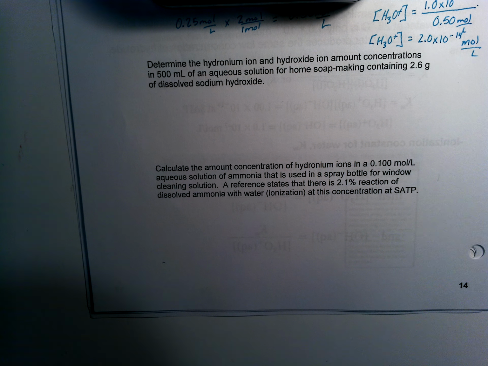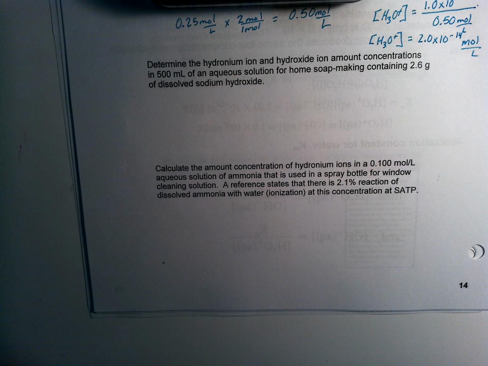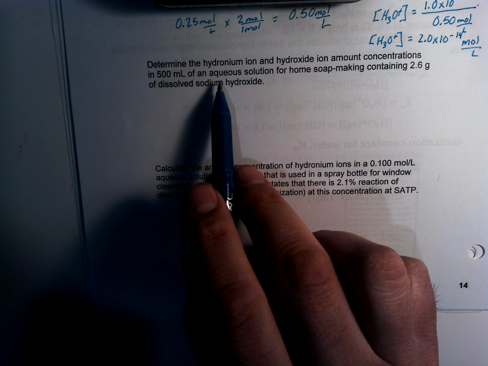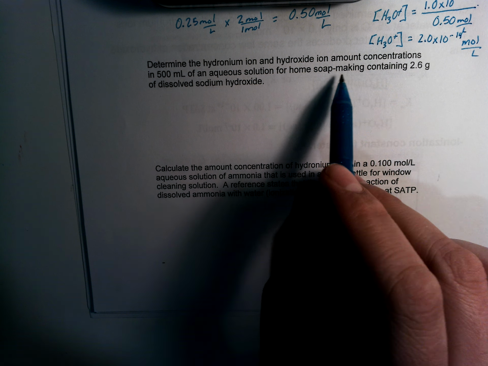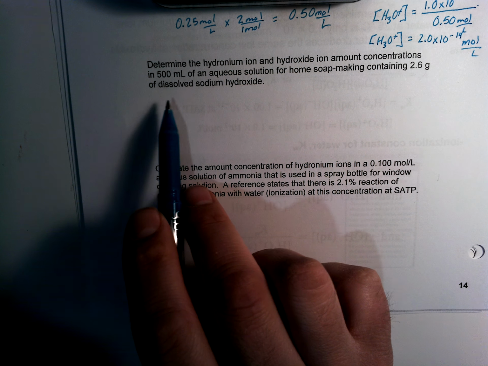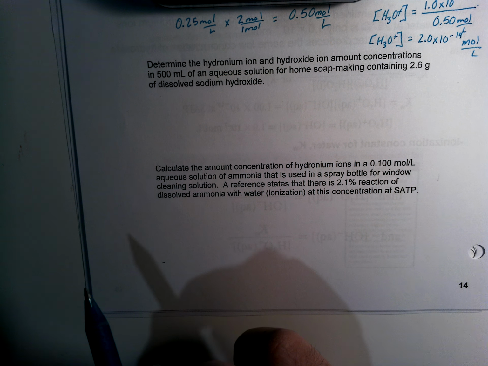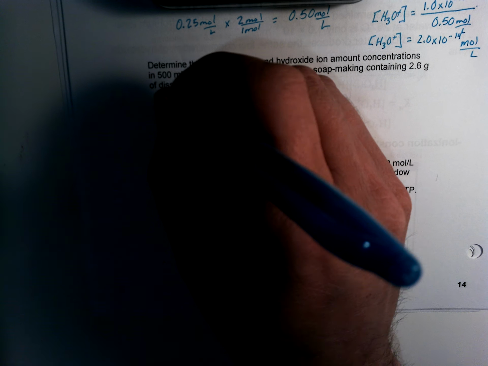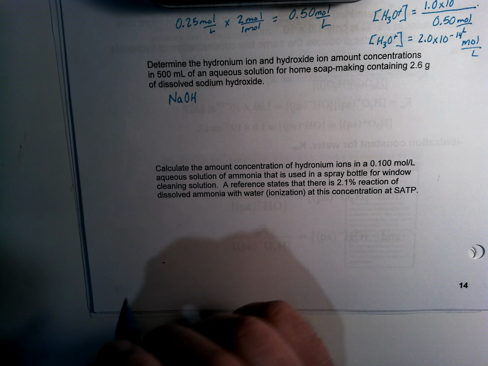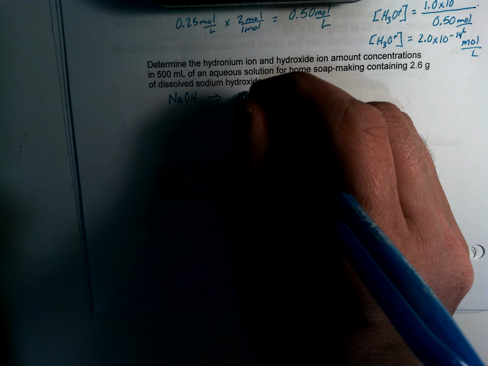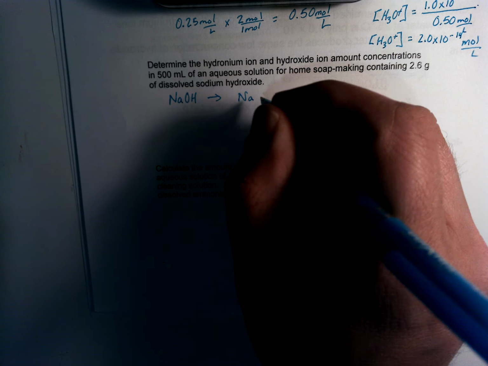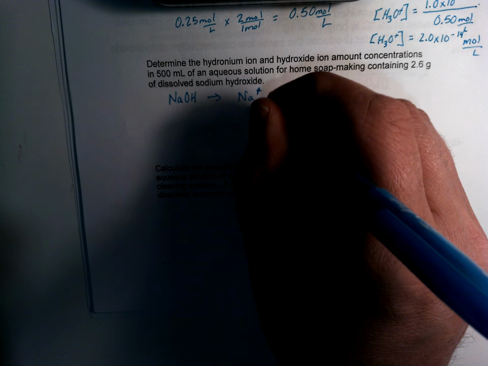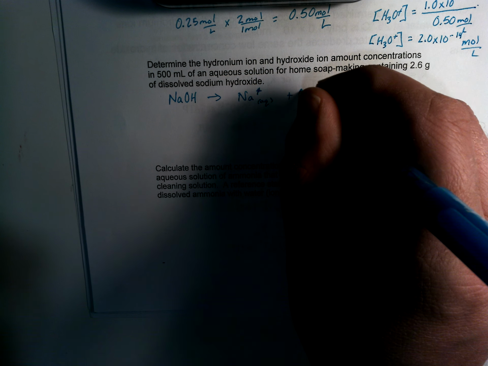Okay, so determine the hydronium and hydroxide ion amount concentrations in the 500 milliliters of aqueous solution for home soap making. So it contains 2.6 grams of dissolved sodium hydroxide. Okay, and so we have sodium hydroxide. Okay, that's going to turn into sodium, so Na plus and OH minus.